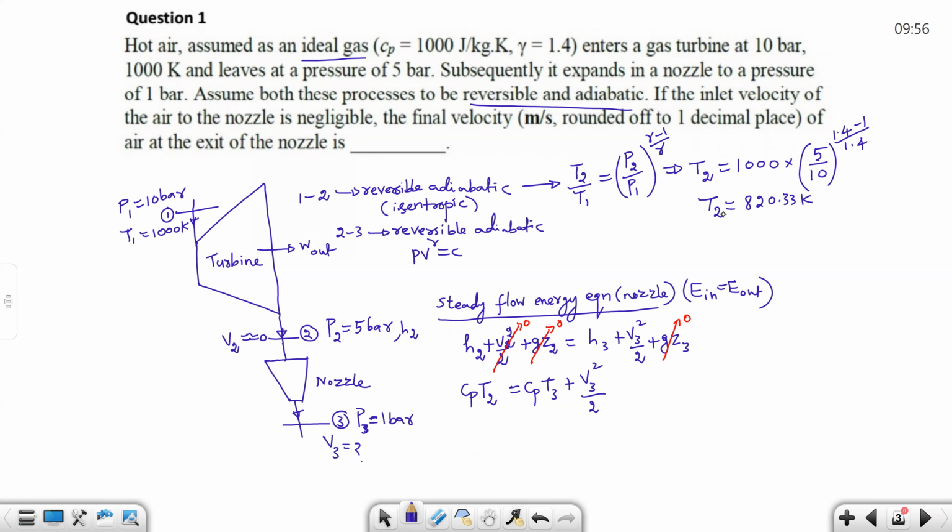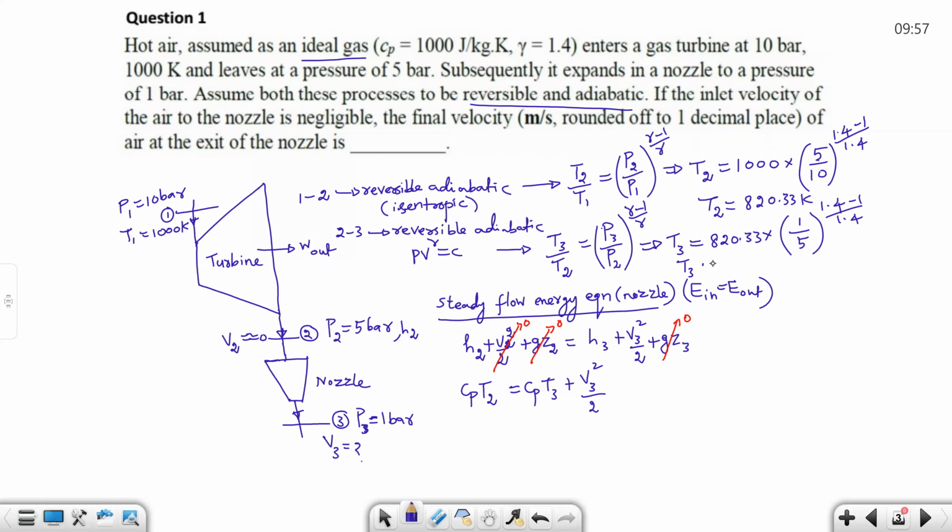So now we go for T3. From this process, T3 by T2 is equal to P3 by P2, the whole power gamma minus 1 by gamma. So T3 is equal to T2, which is 820.33, into P3 by P2, P3 is 1 bar and P2 is 5 bar, whole power 1.4 minus 1 by 1.4.